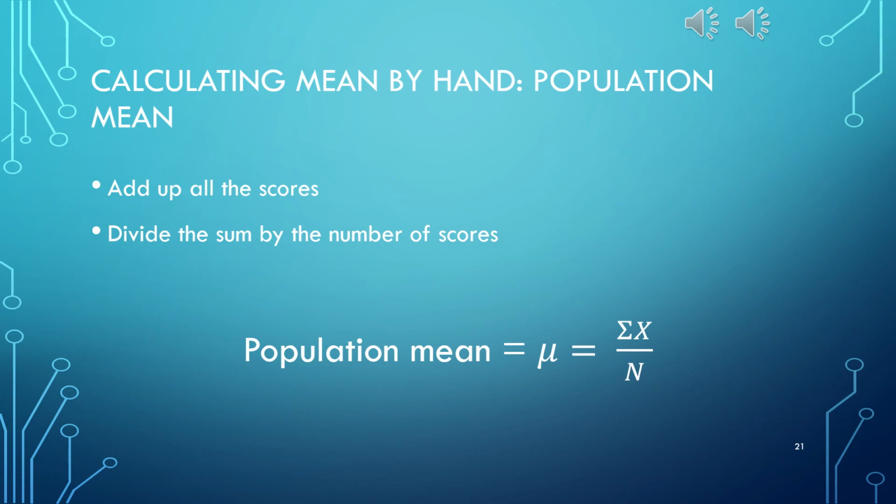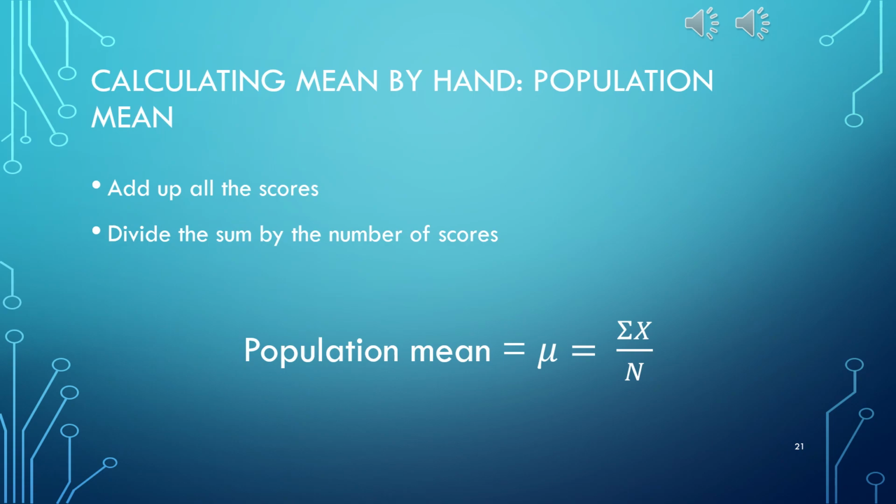If we were talking about calculating a population mean, which you can't actually know, we're always going to estimate based on the sample mean. But if you were trying to figure out what a population mean is, it would be mu, which is the population mean, equals the sum of all scores in a population over the size of the population, which is capital N. Now, I just said we never know the population mean, mu, which isn't quite true.